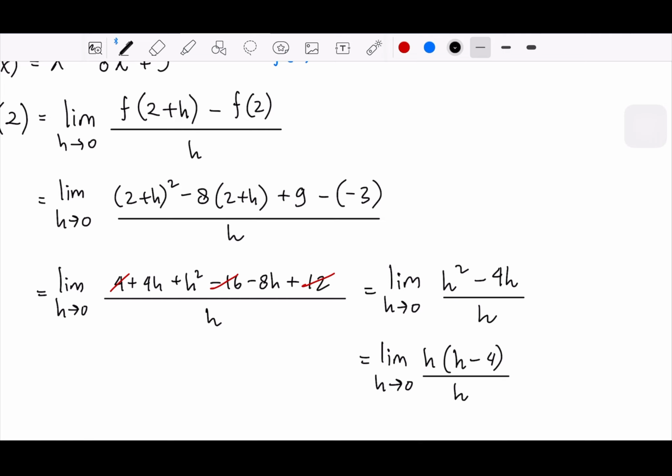So eventually the h cancels out. And as h is getting to 0, we plug in here. Then we get the result is negative 4.